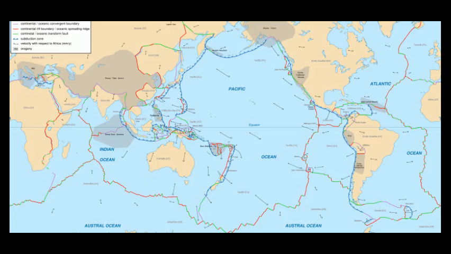Here's a map of the Earth, and it shows the plate boundaries. And you can see over here the North American plate runs down the west coast of the United States, but then also out to the middle of the Atlantic Ocean. And you see these little arrows. The North American plate is moving in this direction. And the Pacific plate, you see, is gigantic.